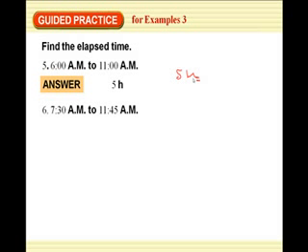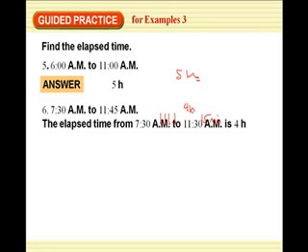So 7:30, I go 8:30, 9:30, 10:30, 11:30. Let me make a mark every time I have an hour here. That's 4 hours till 11:30 and 15 minutes. 4 hours, 15 minutes.